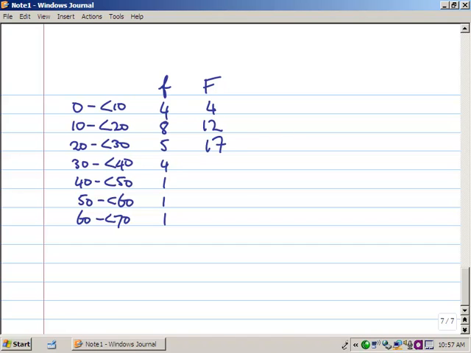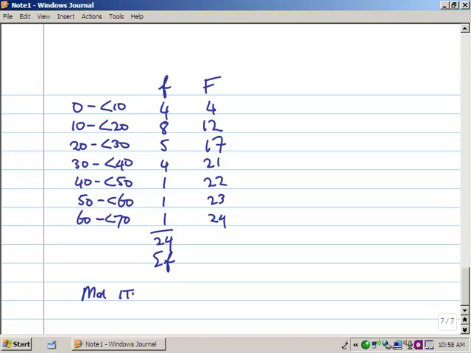How many items are there in the dataset less than 40? You add the 4, 8, 5, and 4, or in other words, 17 and 4 is 21, etc. And when you're finished with the cumulative frequency, it must equal the summation of the f's. In this case, we had 24 data points.